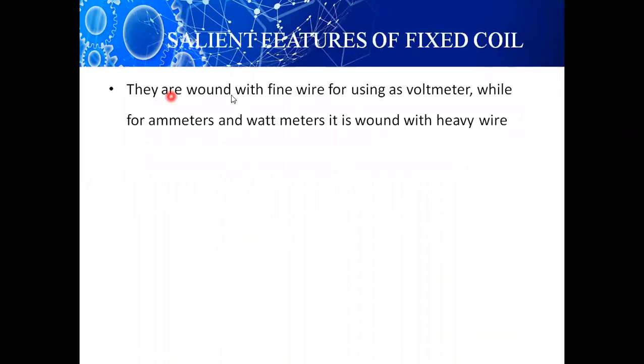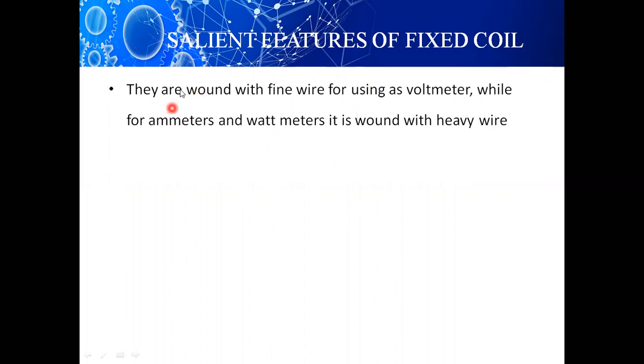They are wound with fine wire, that means thin wire, for use as a voltmeter, while for an ammeter and wattmeter they are wound with heavy or thick wire.